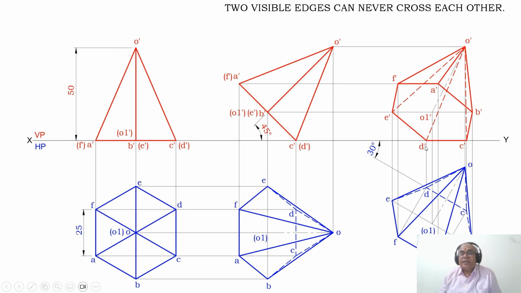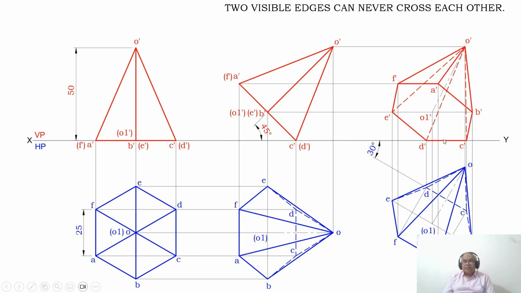Similarly, the same explanation holds for O dash D dash and O dash C dash. The slant edges O dash D dash and O dash C dash both cross the visible edge A dash B dash. Therefore, applying this rule, O dash D dash and O dash C dash automatically become invisible.